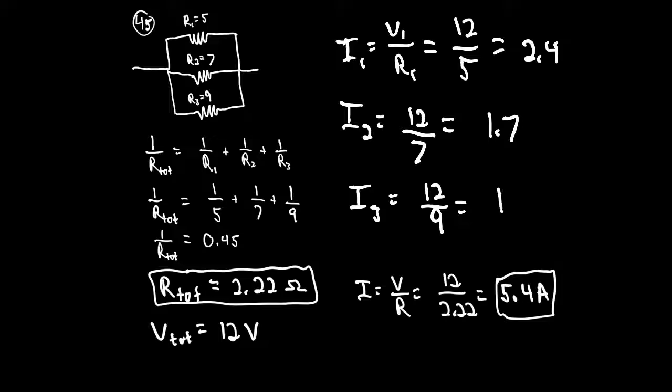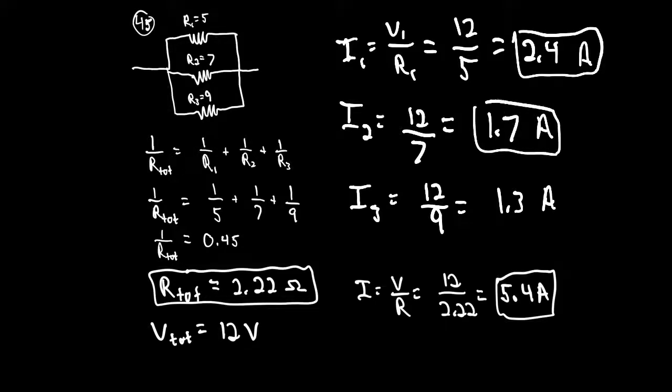And 12 over 9 is 1.3. All amps. And what should these all add up to? 5.4. So the nice thing about circuits is you can check your answers. Everything should be consistent. If I have 3 resistors, the currents through each of those resistors should add up to the total current if they're connected in parallel.